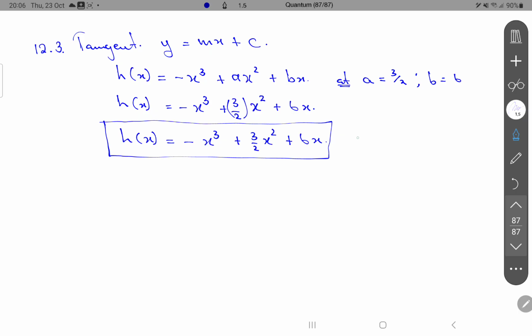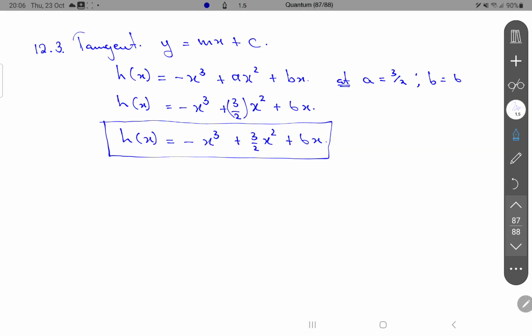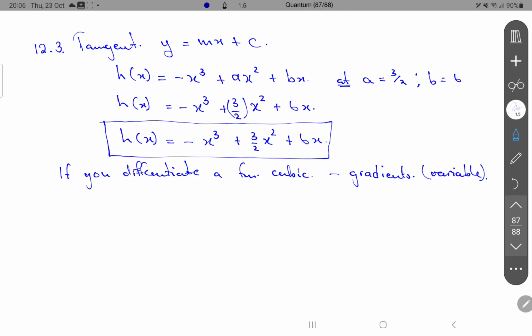Now, this is a curve. Remember, this is a cubic function. So if you differentiate a function which is cubic, you will normally get a gradient function. So the gradient is varying, it is changing at every point.